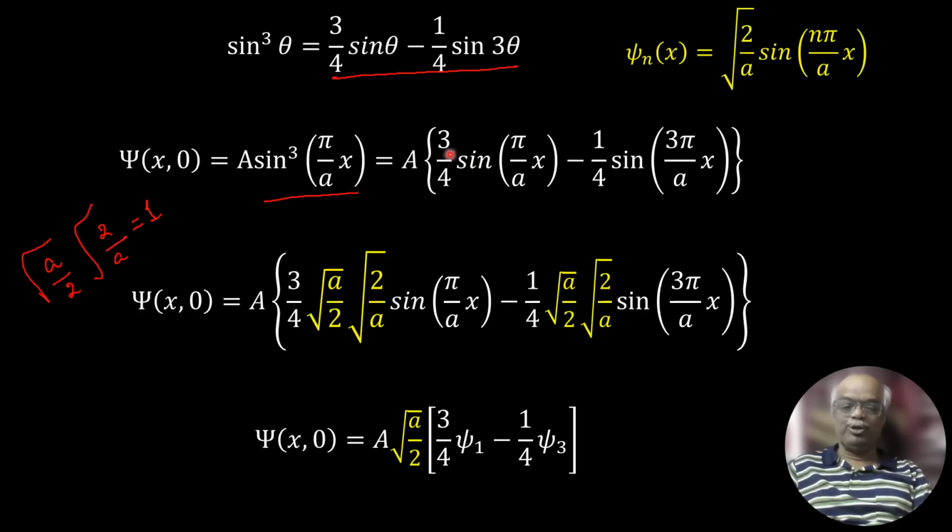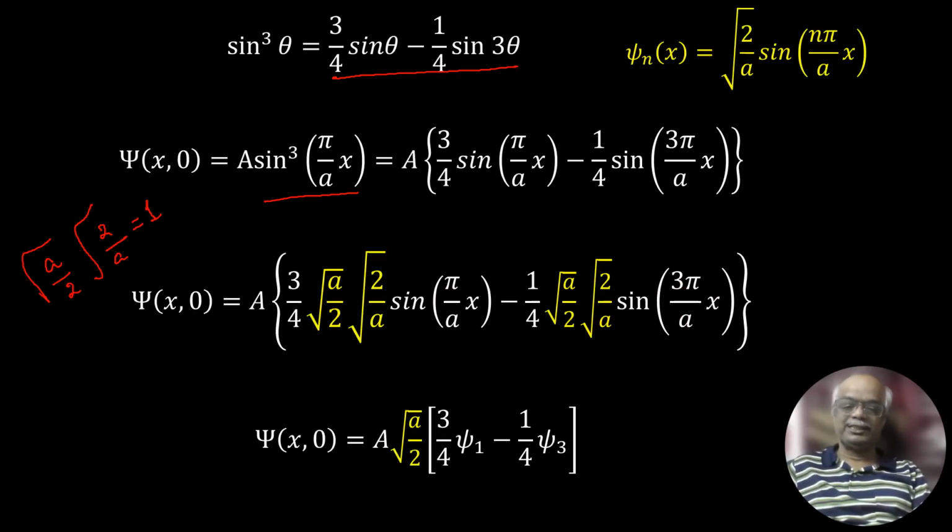So I am going to rewrite psi(x,0) equal to A, here you have 3/4 and this, as I said, square root of a/2 multiplied by square root of 2/a sin(πx/a), minus 1/4 square root of a/2 square root of 2/a sin(3πx/a).